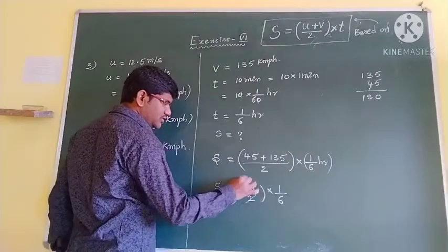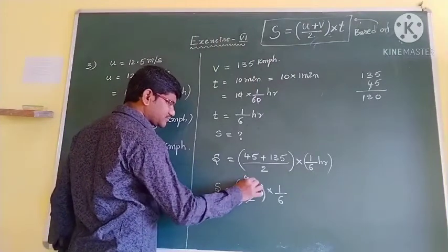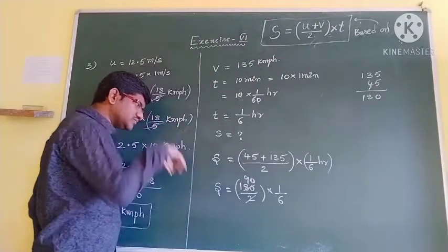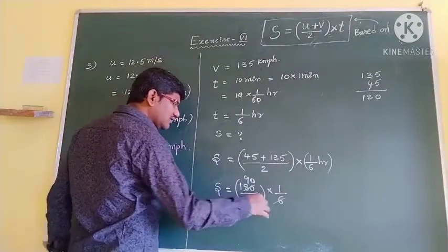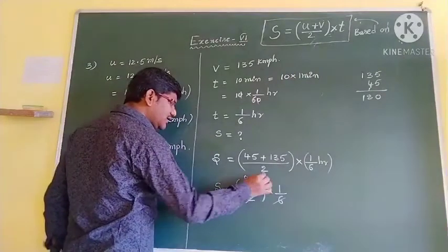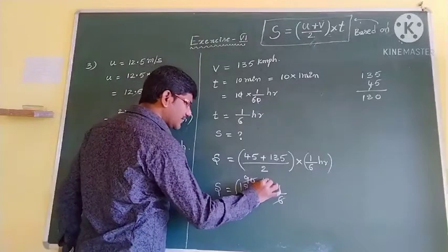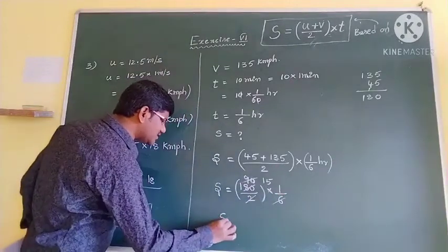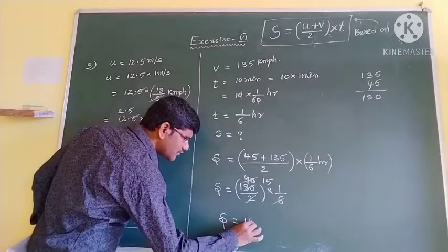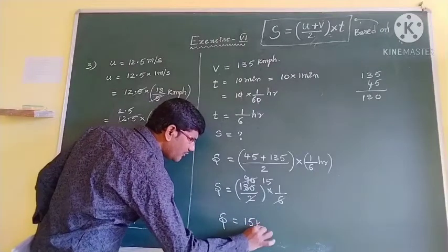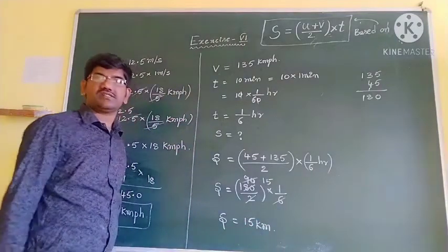Then 2 90s, and 6 ones are 6, and so the displacement we are getting is 15 kilometers.